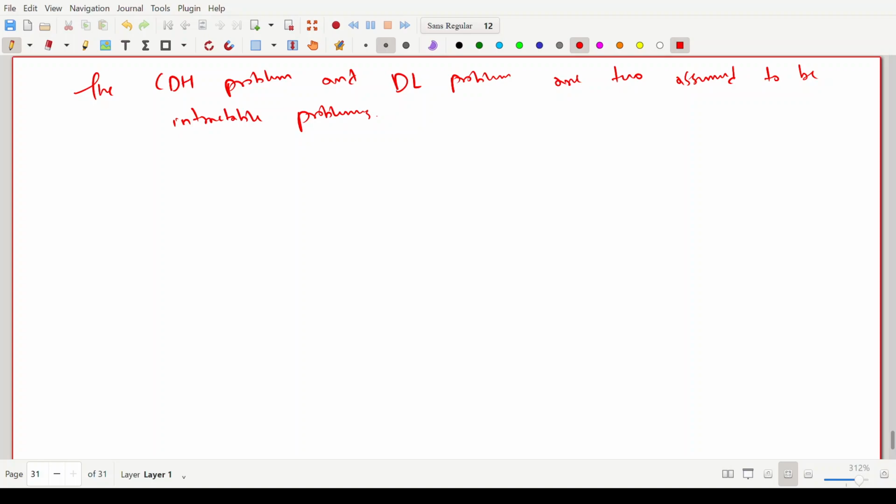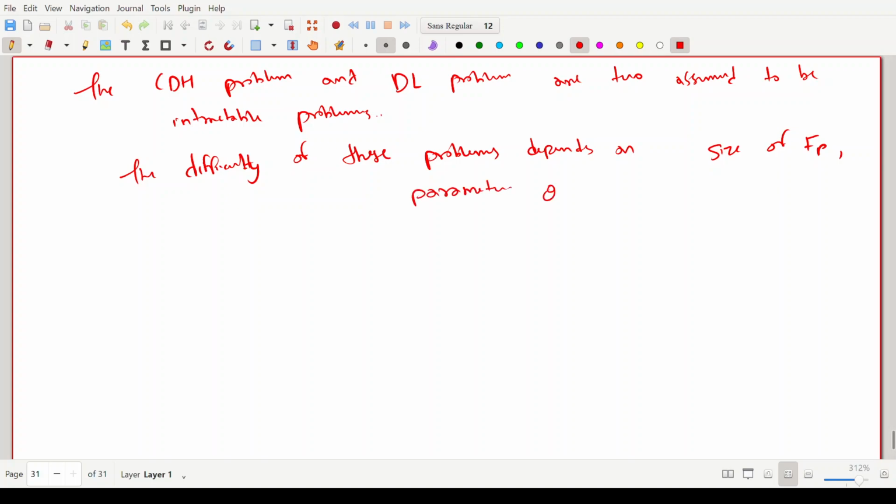It is exponential. The difficulty of this problem depends on the size of the problem, or we can say the size of Fp, and the parameters, that is g and the private keys, that is a and b.